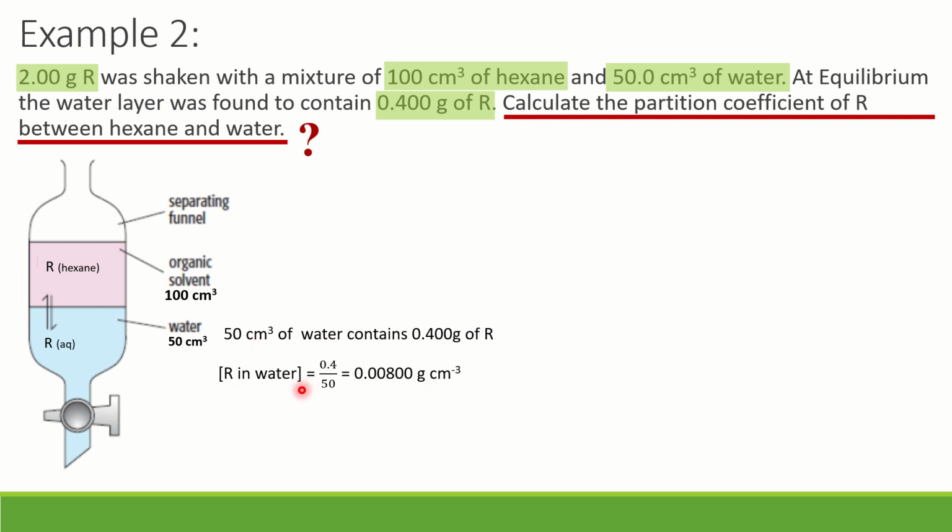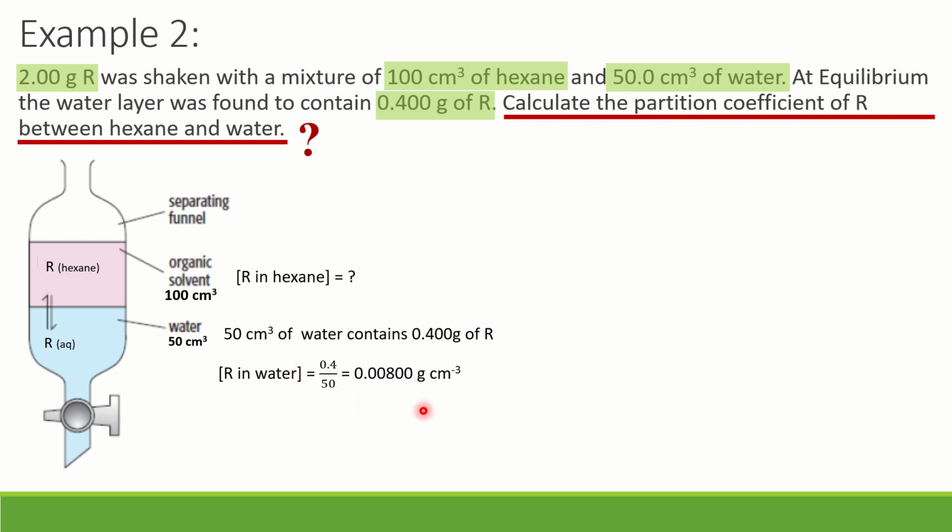The concentration of R in water will be 0.4 divided by 50, which is equal to 0.008 grams per cm cube. You do realize that the unit here is not mole per dm cube. I'm using gram per cm cube. It doesn't matter what concentration unit you use as long as both concentrations have the same unit.